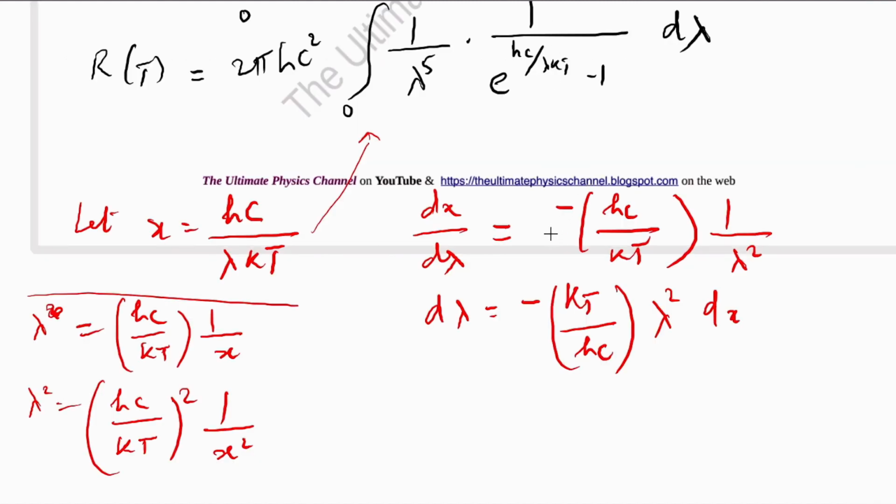R_T is equal to minus 2 pi h c squared. Please remember this minus is a result of the minus that we are getting in terms of conversion, right? When you do that, 1 over lambda has no differentiation, 1 over lambda squared comes with a negative sign.